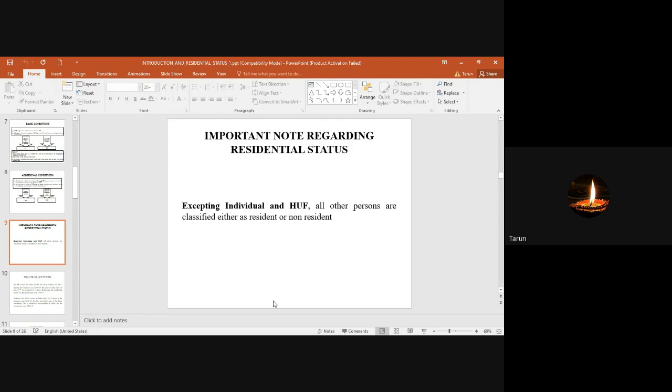These rules of ordinary and not ordinary don't apply to firms, companies, bodies of individuals, and artificial juridical persons.